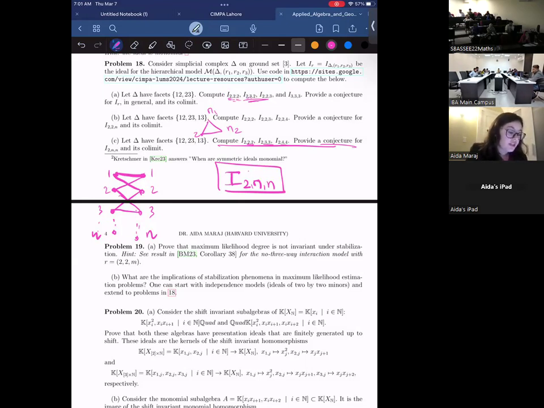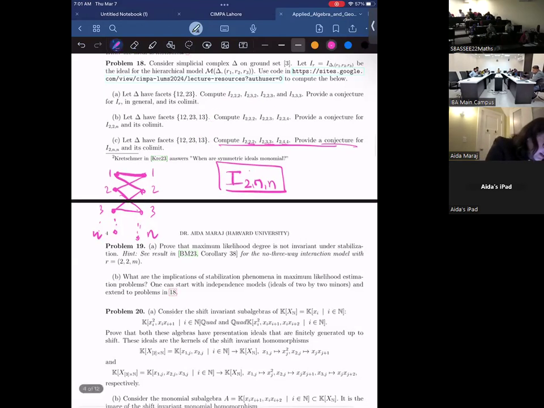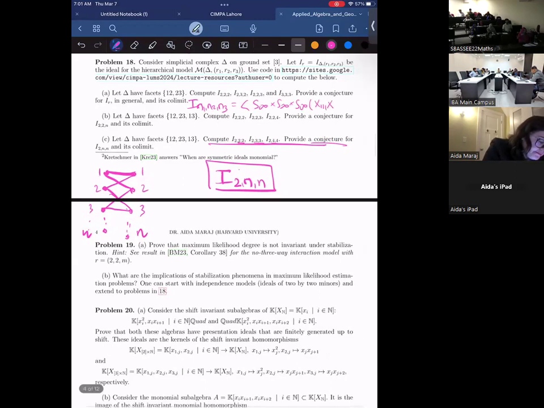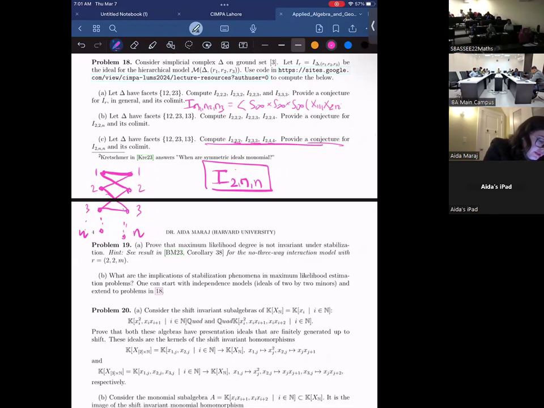So the conjecture is that I of N1, N2, N3 is S infinity times S infinity times S infinity of x1,1,1 x2,1,2 minus x1,1,2 x2,1,1. That's what the answer is.